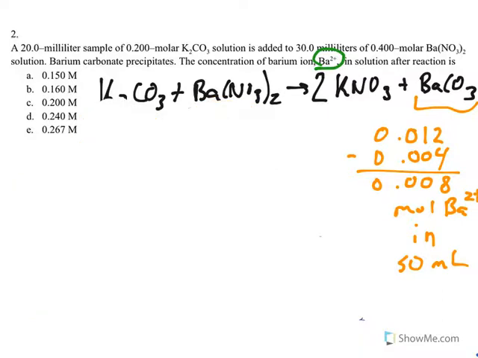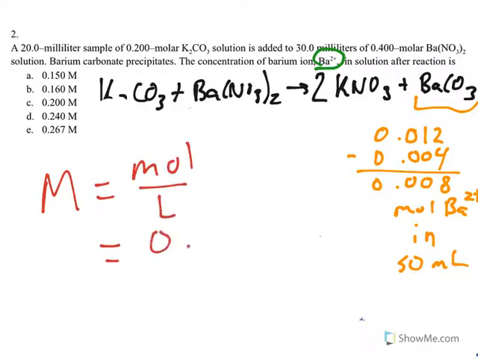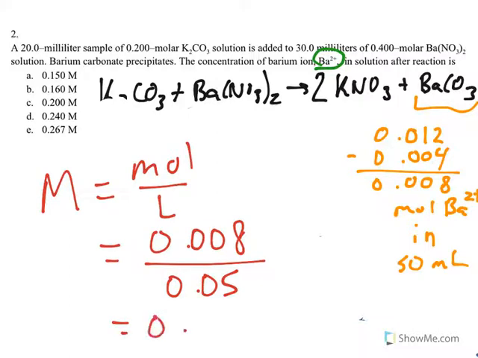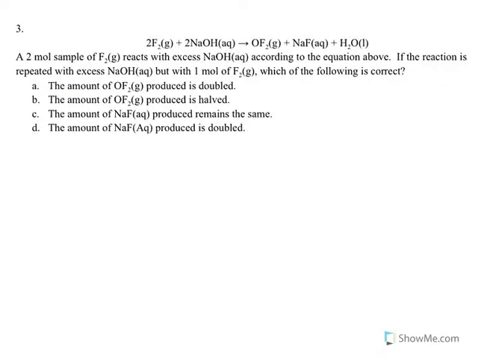So in order to find the molarity, or the concentration, molarity is moles per liter. You have 0.008 moles in 0.05 liters, which comes out to be 0.16 molar. So B is going to be our answer there.